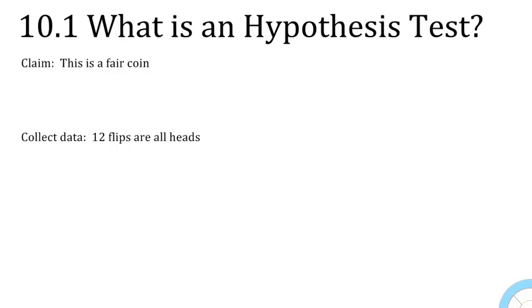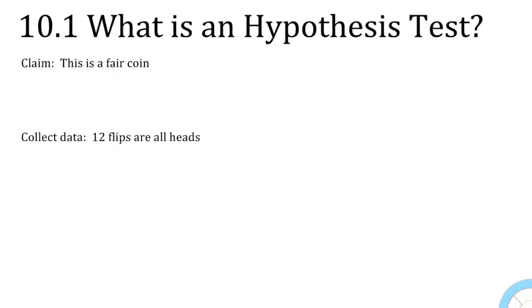The claim is this is a fair coin. And so we're going to test that claim, of course, by flipping it. So the data that we collected is the proportion out of all the flips, how many are heads. And it turns out it's 100%. And that doesn't jibe with the idea that this is a fair coin. Our intuition already says, I don't think this is a fair coin.